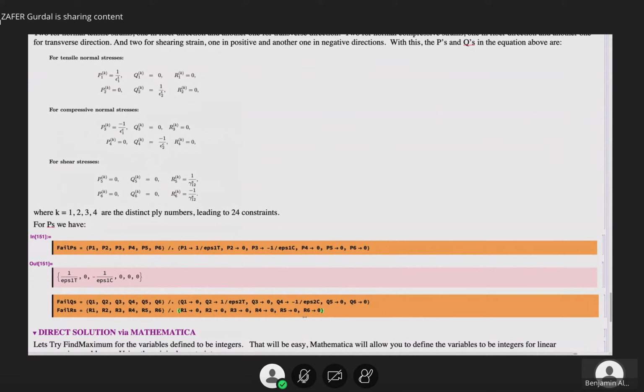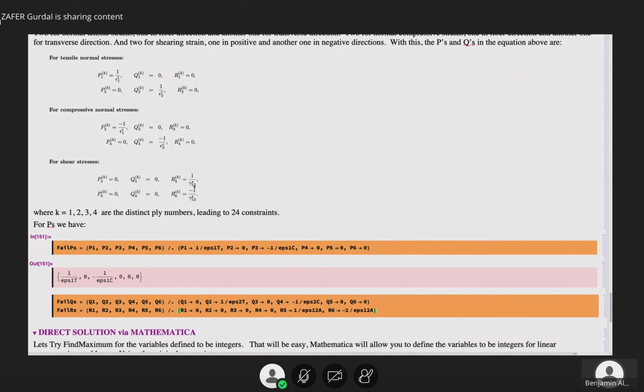R5 will be equal to minus shear allowable, plus shear allowable, epsilon 1, 2. I will call it A. And R6 will be minus 1 over epsilon 1, 2 allowable.